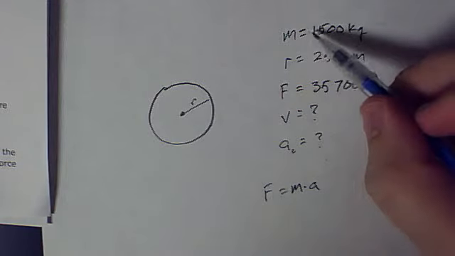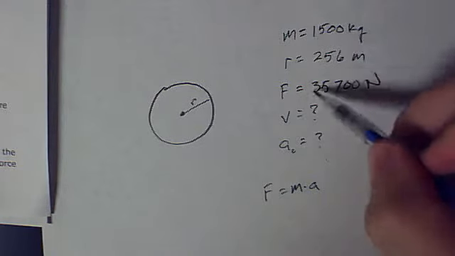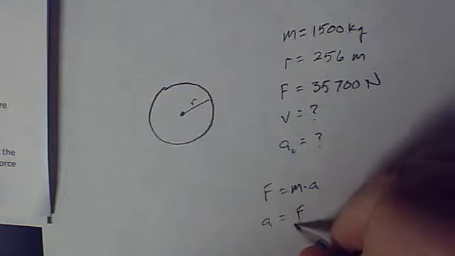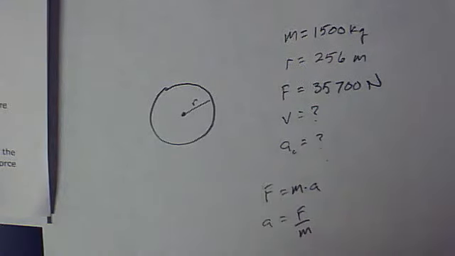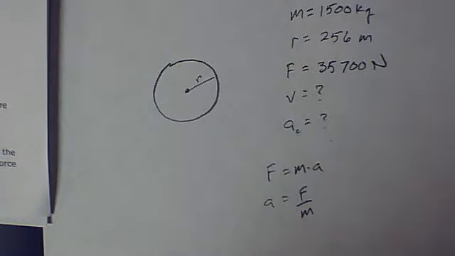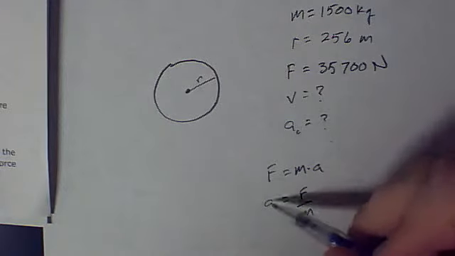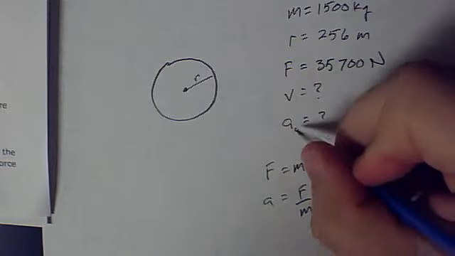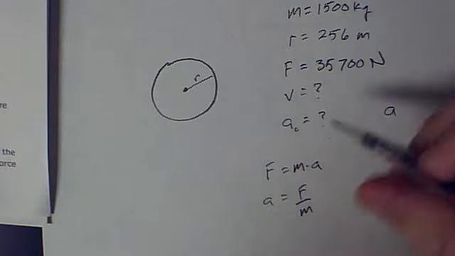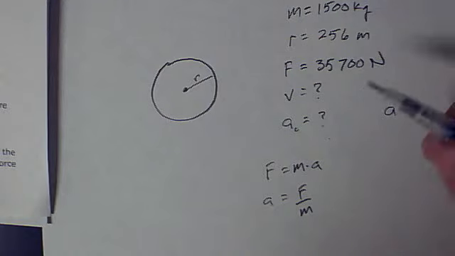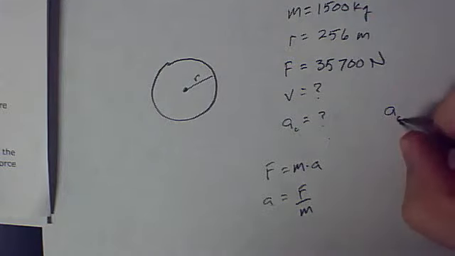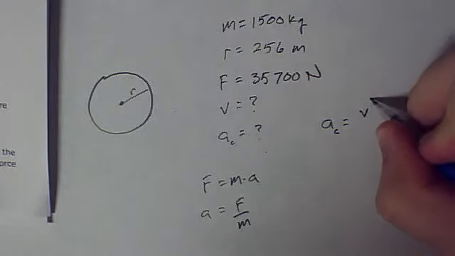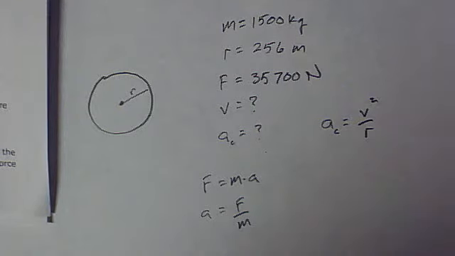Well, so I have my mass, I have my force, so my acceleration is my force divided by my mass. And I know that this force is caused by friction, which is the centripetal force in this case, because it's the only thing there. That means my centripetal acceleration is v squared over r.